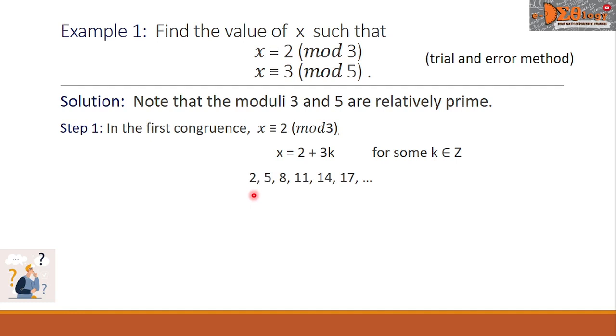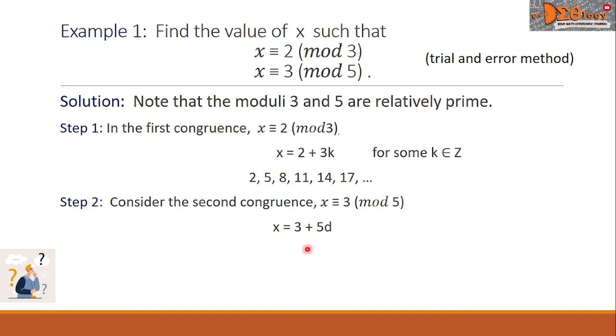We can write the values, so we start with 2, 5, 8, 11, 14, 17, and so on. Now for step 2, let us consider the second congruence. x is congruent to 3 mod 5. And we say that the value of x equals 3 plus 5d, for some d, an element of z.